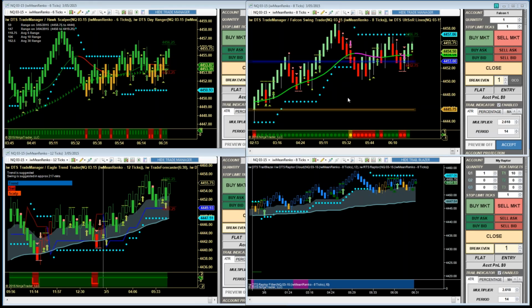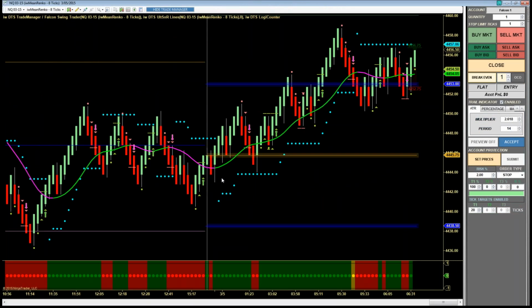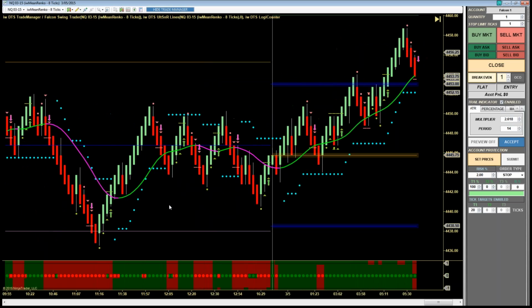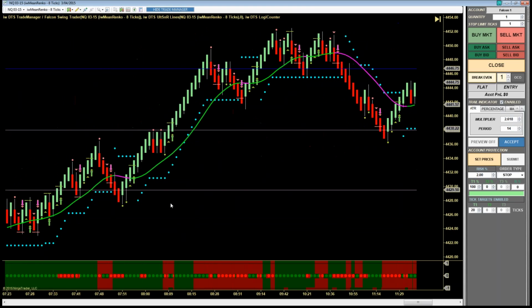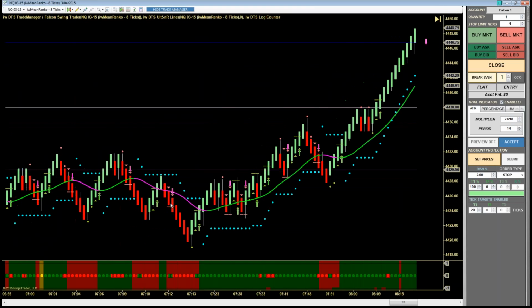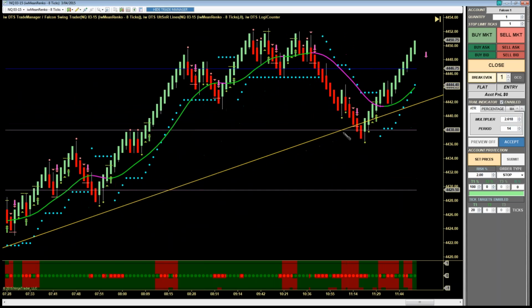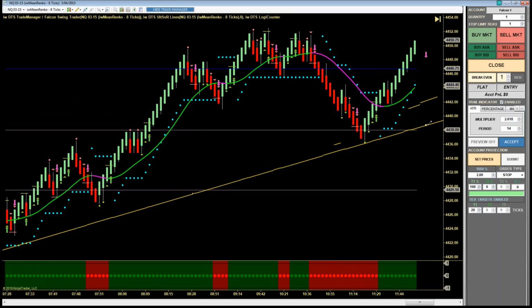Let's start with the NQ, see where we've been, where we might be going. A little bit more activity in the overnight, and it looks like we might even have something resembling a trend. See how well they stayed on this trend line.